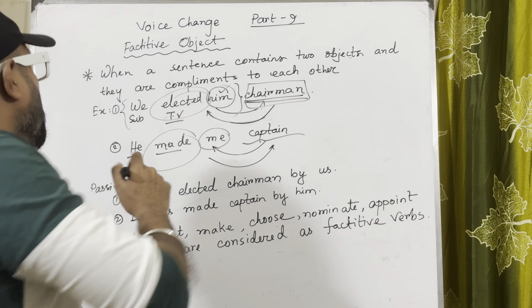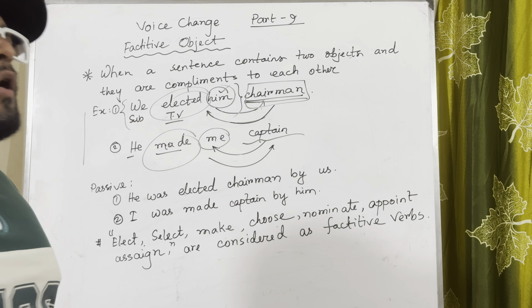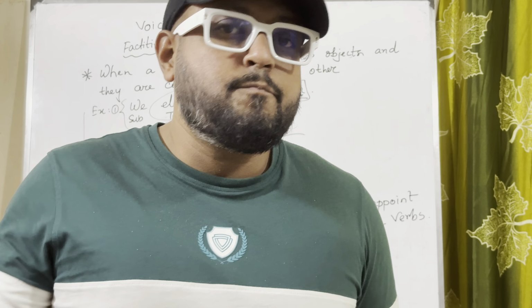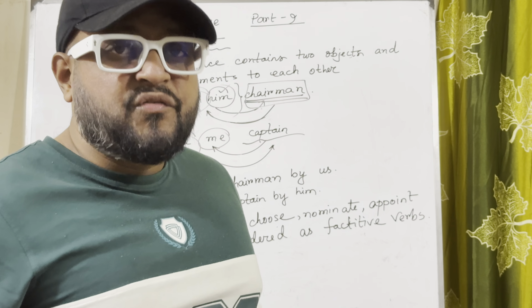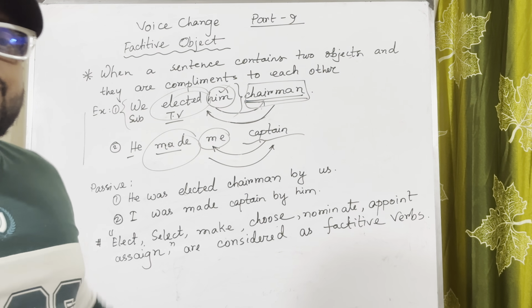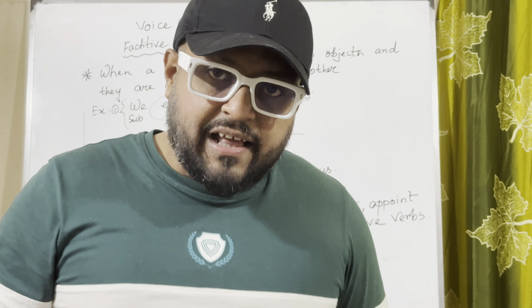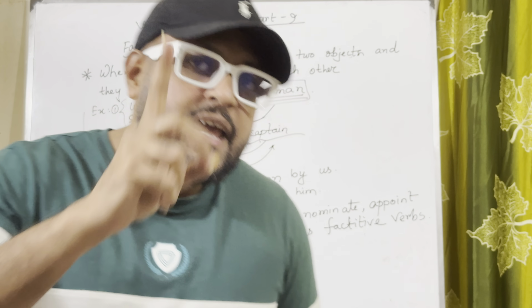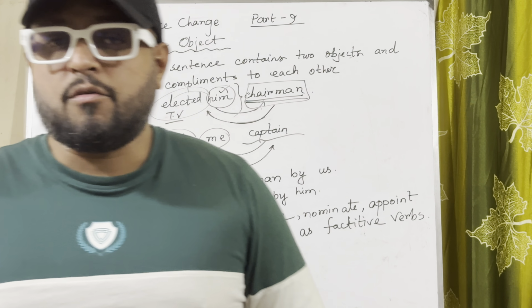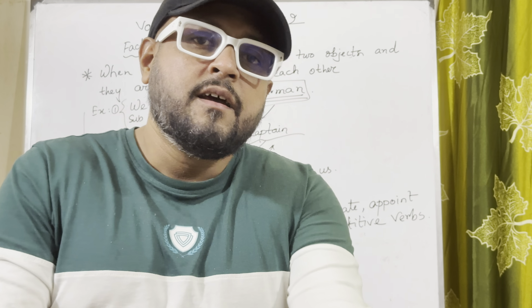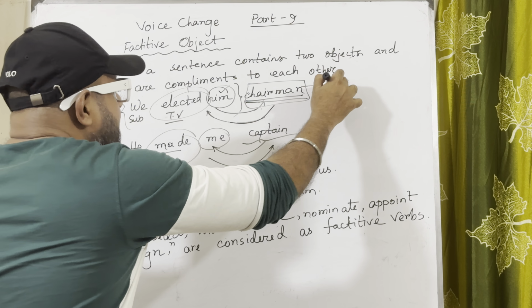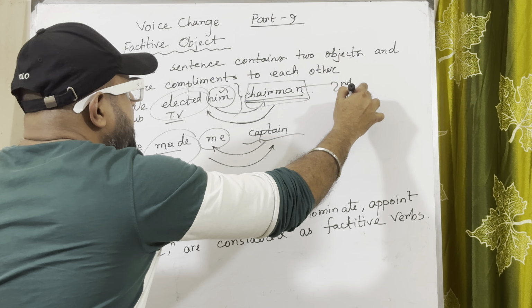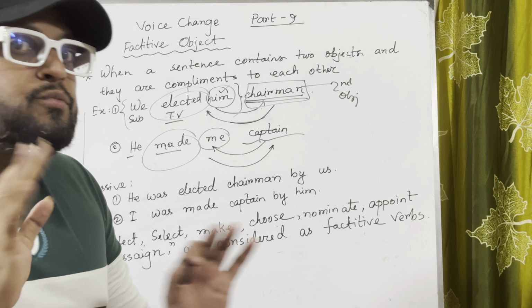Now, how can we transform these sentences into passive sentences? Usually, the very simple rule of passivization you can apply directly, but one thing you need to keep in your mind is that you cannot use the second object as the subject.